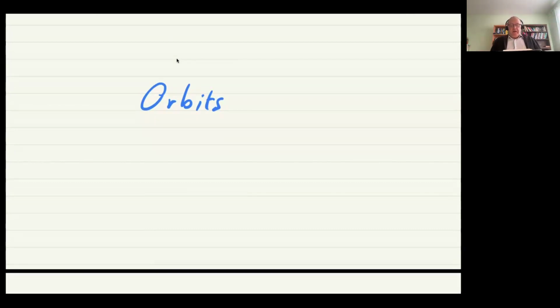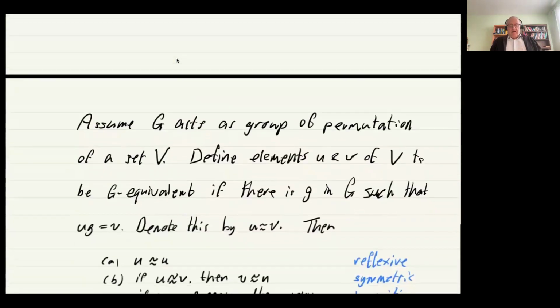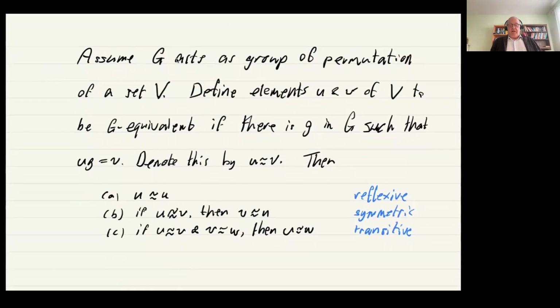So I want to talk about orbits of permutation groups. We have a group acting as a group of permutations of a set V. I'm thinking of a group acting as a group of permutations of the vertex set of a graph.